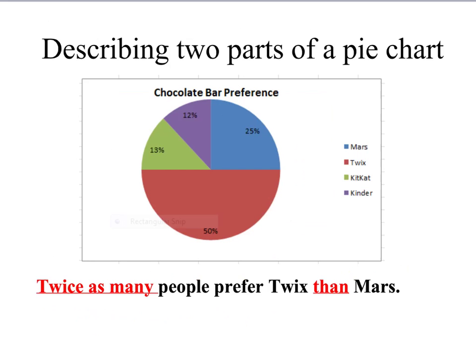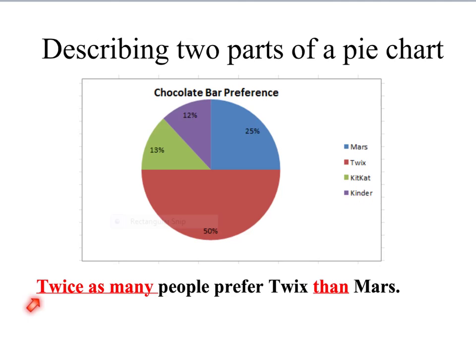Now I want to look at describing two parts of a pie chart. To do this, I use comparative and superlative adjectives. The pie chart I have now talks about chocolate bar preference. This means the kind of chocolate bar that people like. I have Mars, Twix, Kit Kat, and Kinder.